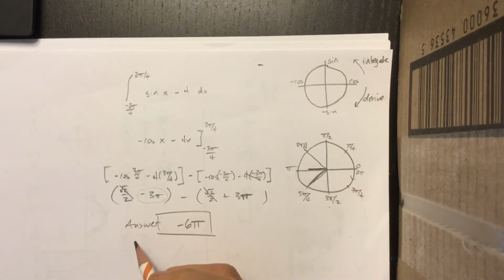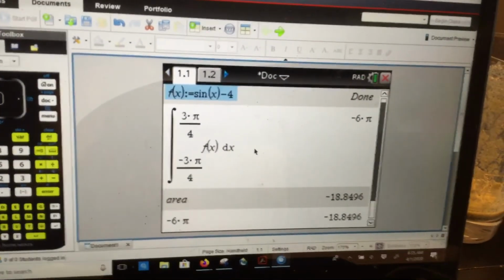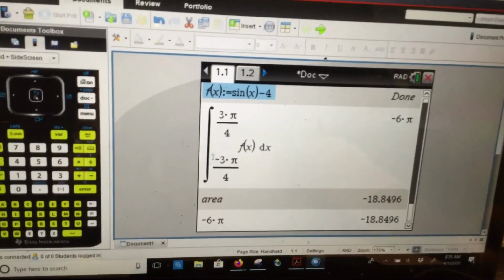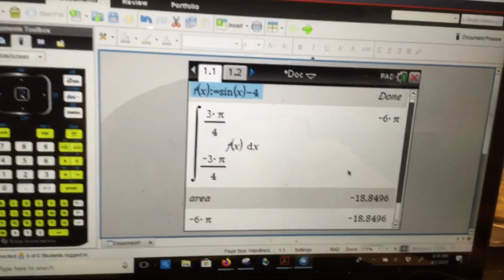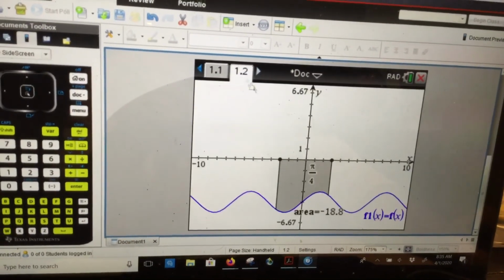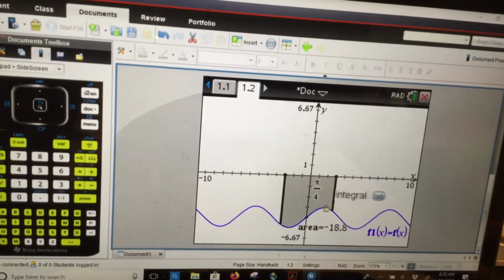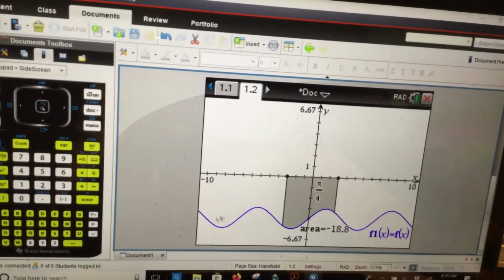Well, what that means is the following. There's my function, evaluated by the calculator as negative 6 pi. Here's the graph of that sine x minus 4.